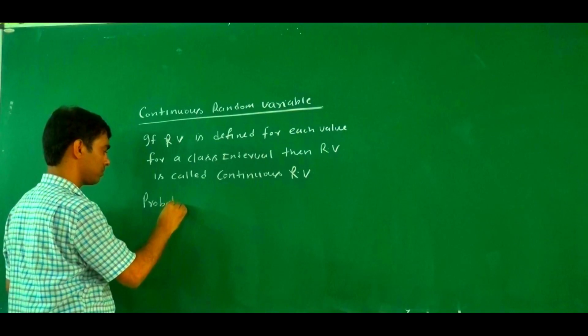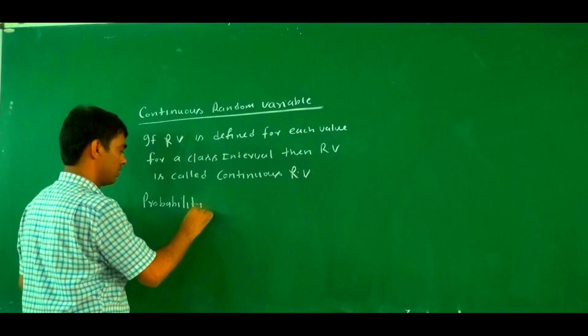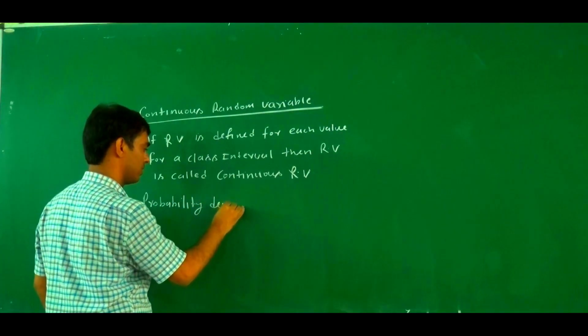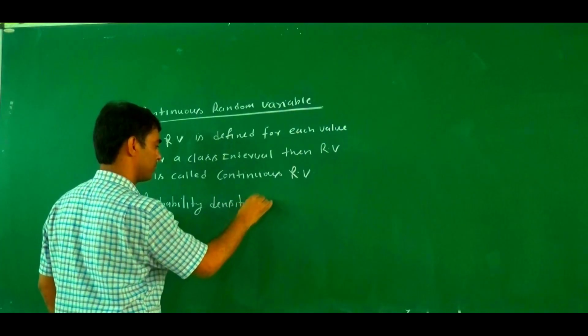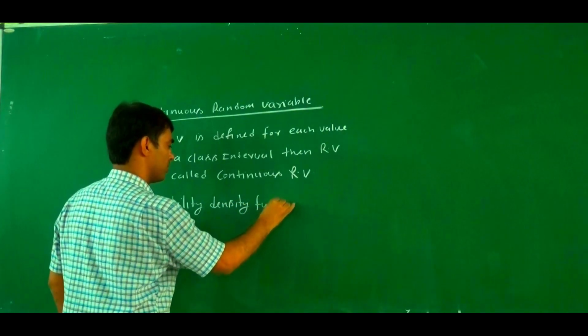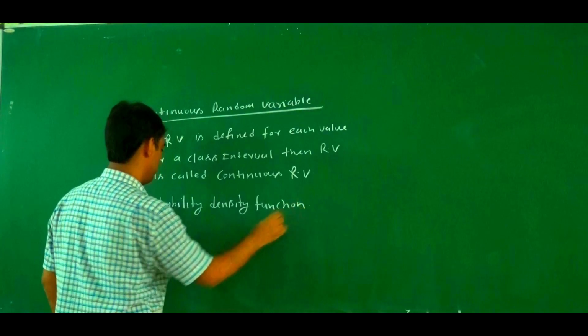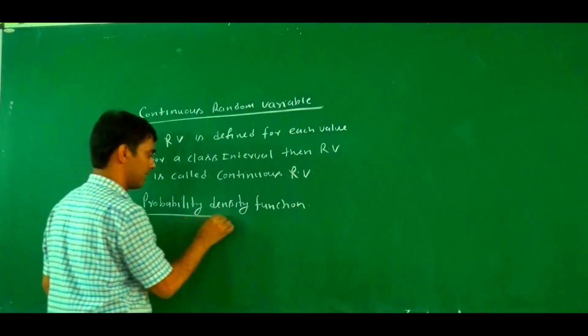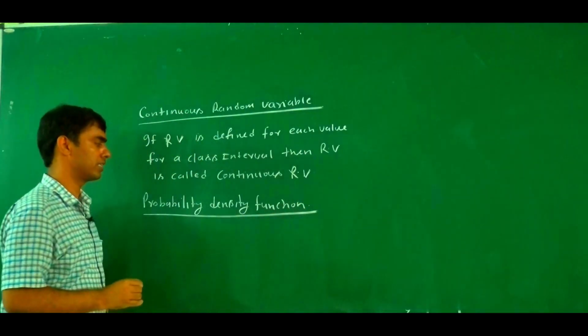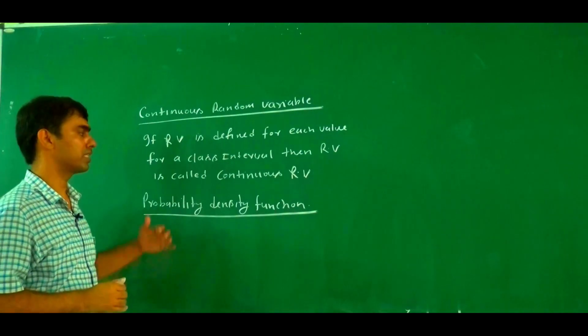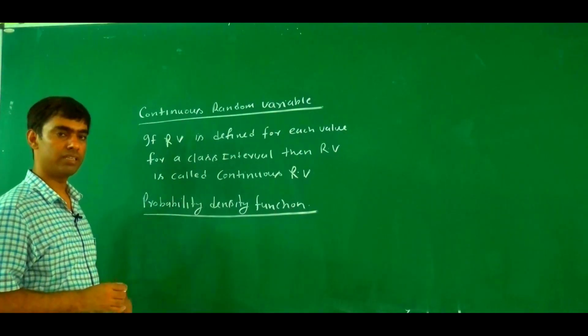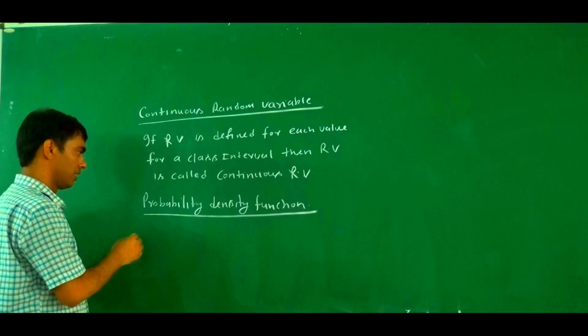Probability density function. Like in the case of a discrete probability distribution there is a probability mass function, in the case of a continuous one there is a probability density function.